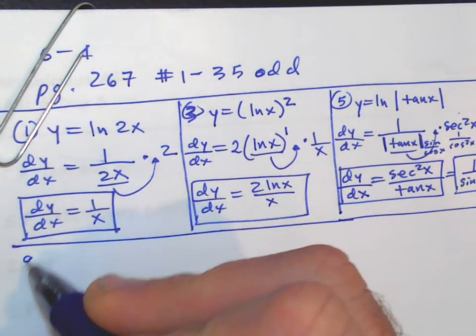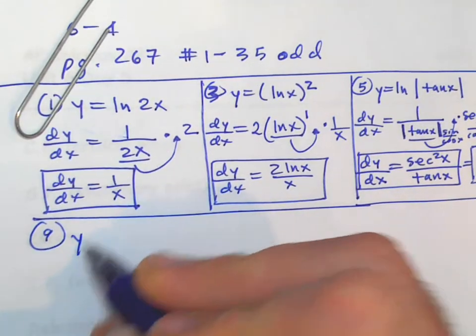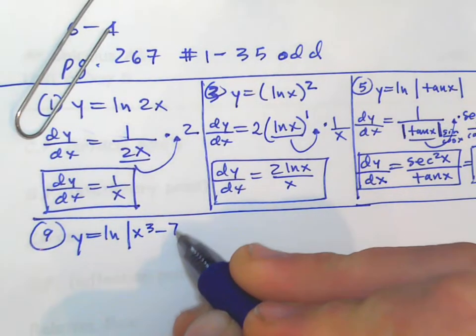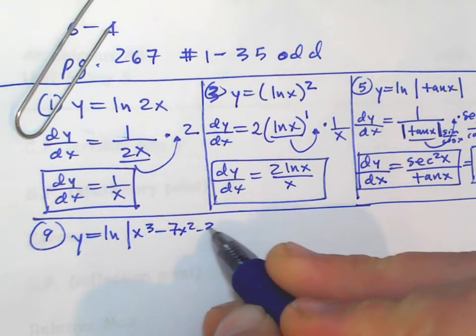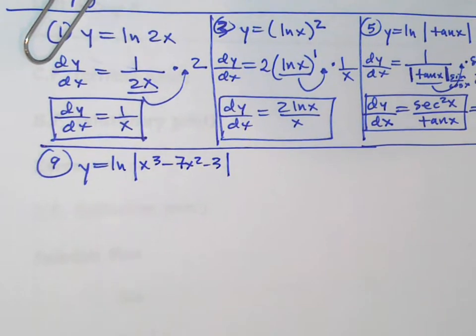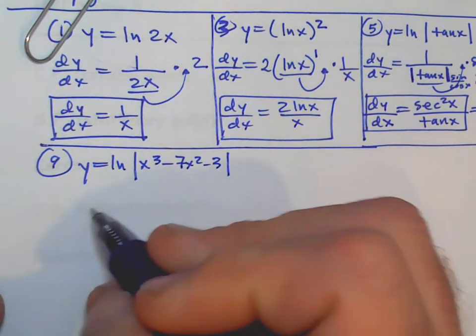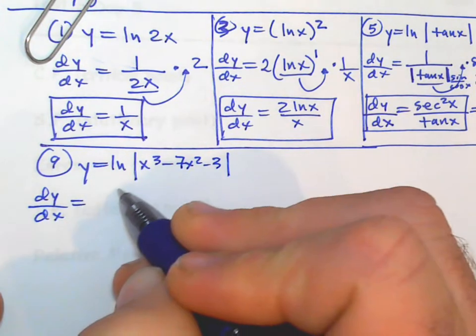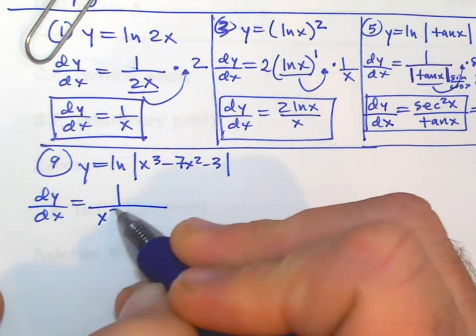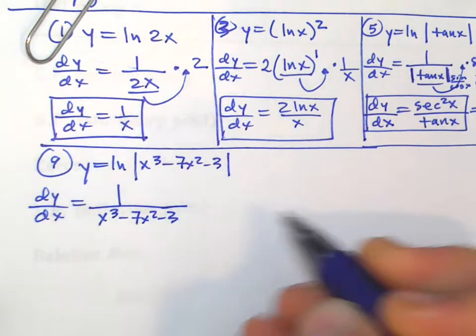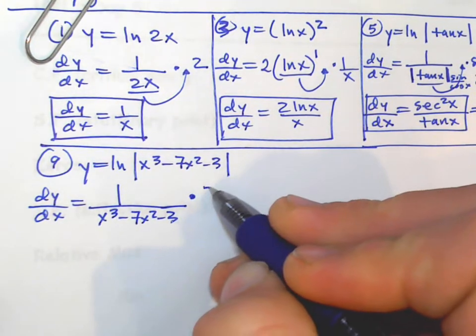Okay. Let's see, number 9 is y equals natural log of the absolute value of x cubed minus 7x squared minus 3. So again, I'm going to avoid talking about this absolute value stuff right now. It's going to be 1 over what's inside, and then times the derivative of what's inside, 3x squared minus 14x.